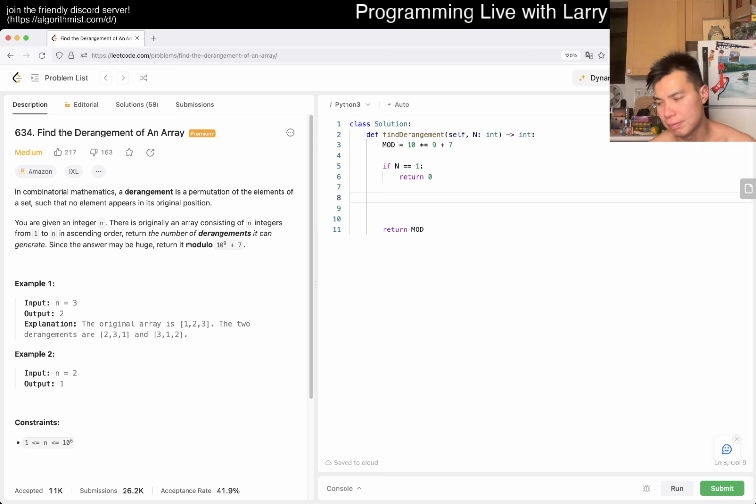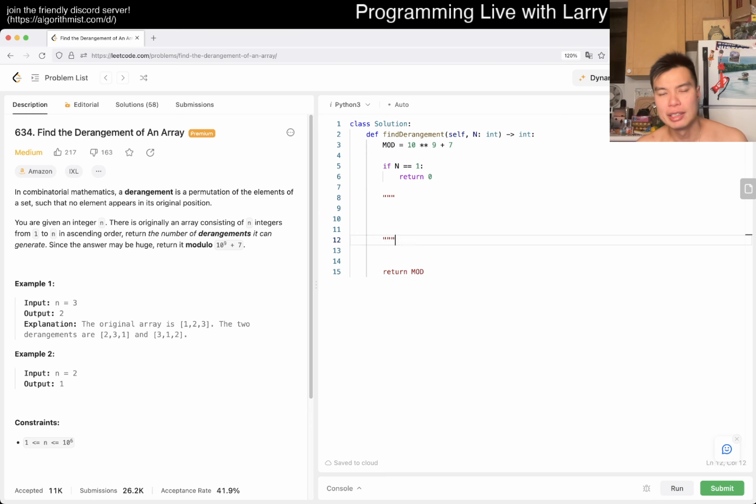Basically, the first one has one choice, and the second one has one choice. But that's trivial. But with 3, it gets a little bit funky, right?